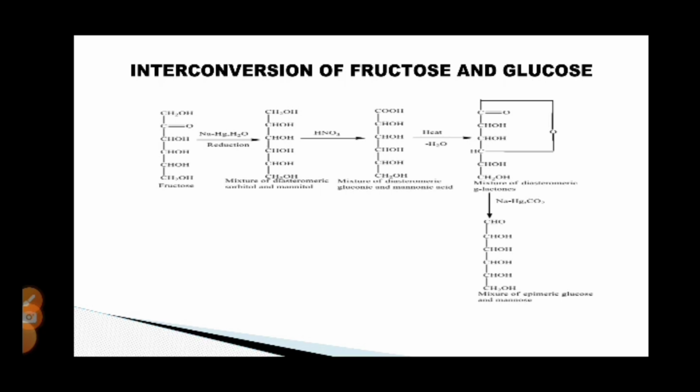Oxidation of alditols with nitric acid gives 2-aldonic acid. Under the acidic conditions of oxidation, aldonic acid cyclizes to give lactones. And finally, sodium amalgam reduces lactone to hemiacetals. In effect, the carboxylic group of the aldonic acid is reduced to an aldehyde.